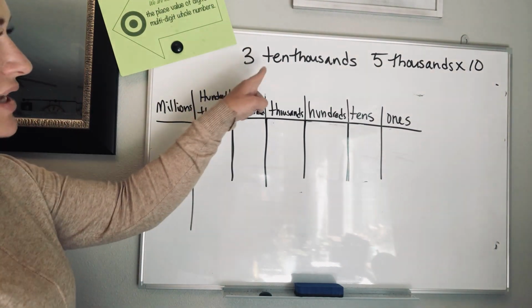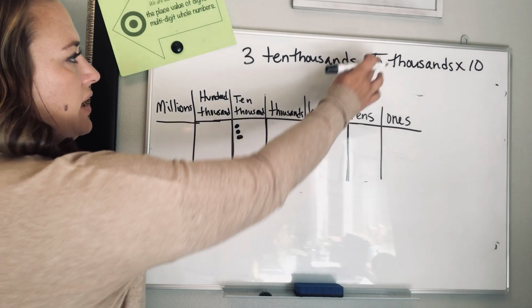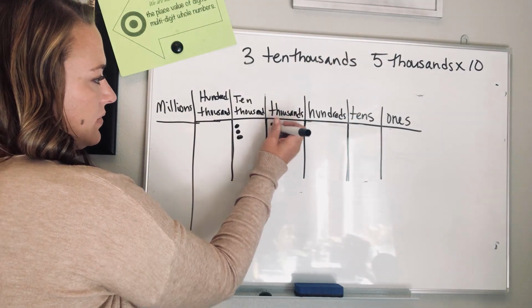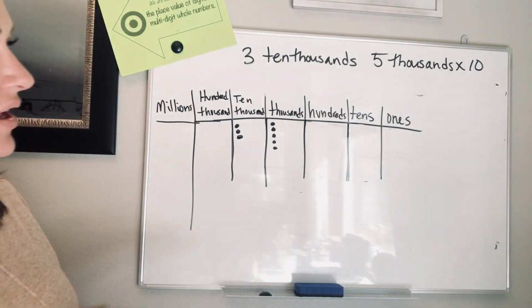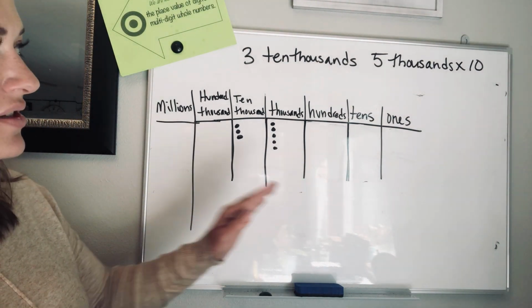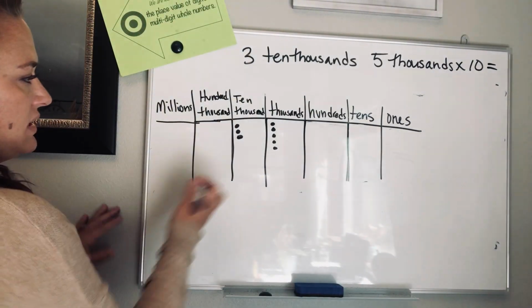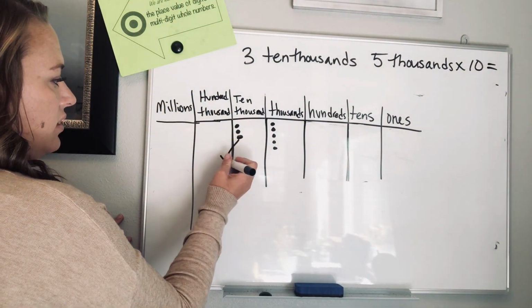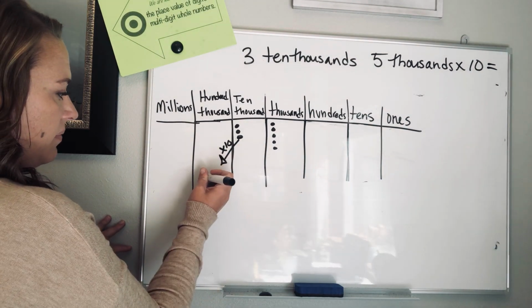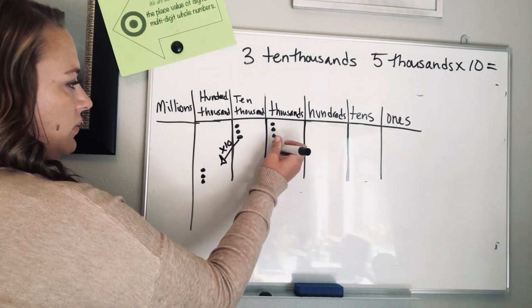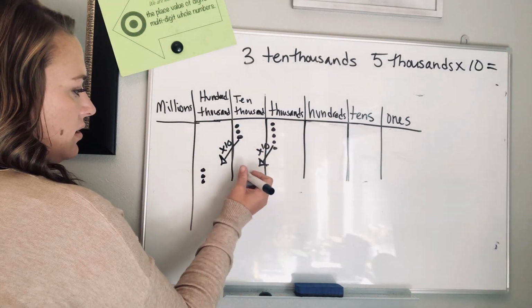So I have 3 10,000s, 1, 2, 3, and 5,000s, 1, 2, 3, 4, 5. I'm multiplying it by 10, so it's going to get larger. It's going to move to the left on my place value chart. Moving them over, multiplying by 10. I'm showing the math that's happening. Moving these over, times 10.